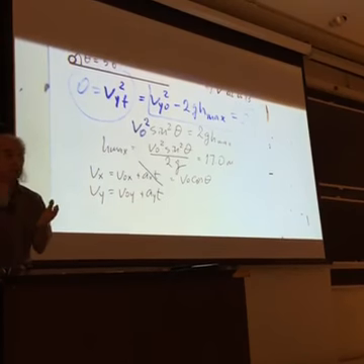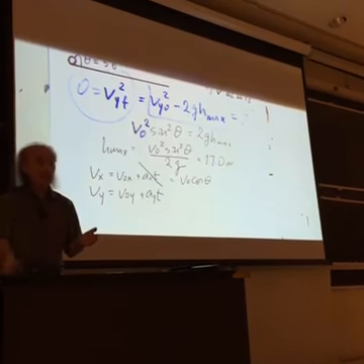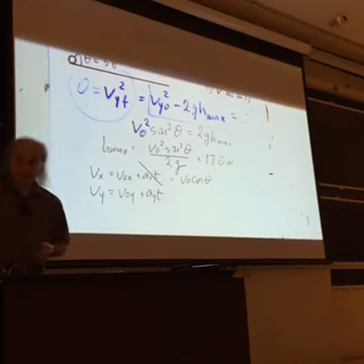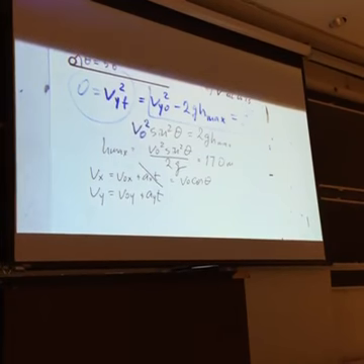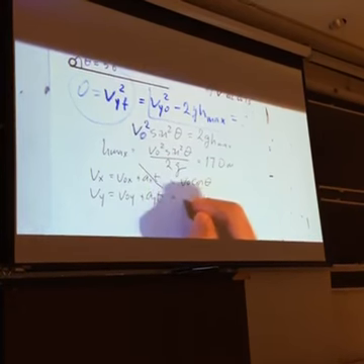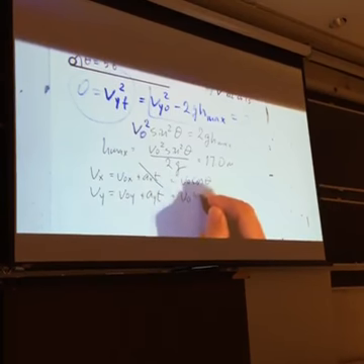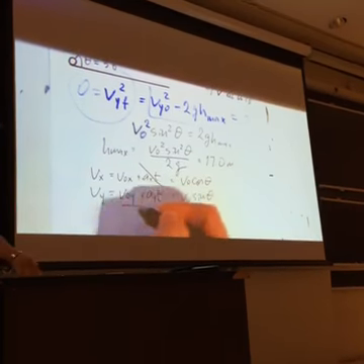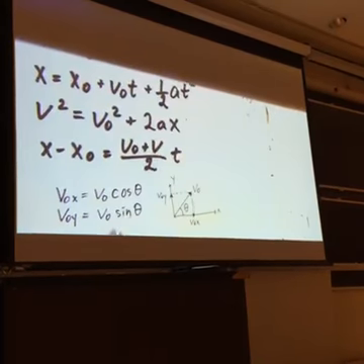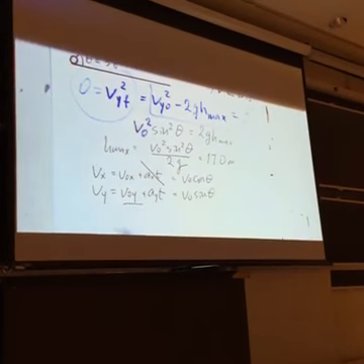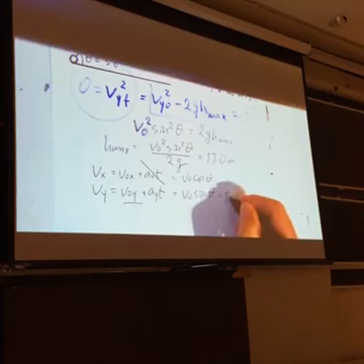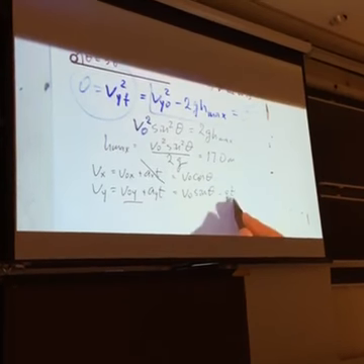The x component of the velocity is constant. There is only change of velocity along the y-axis, because there is no acceleration along the x-axis. And this would be v0y, v0 sine theta, and the acceleration along the y-axis gives negative gt. I know t, I know g, I know v0, I know the angle.